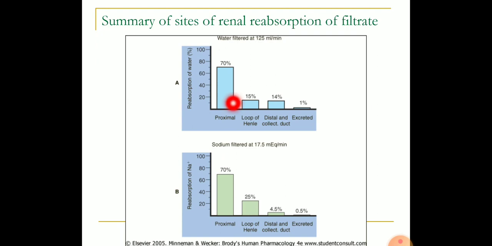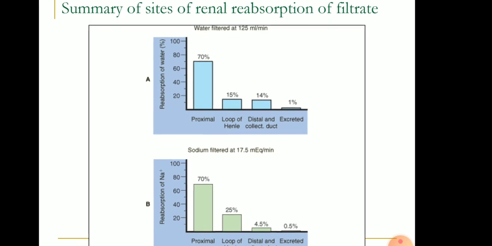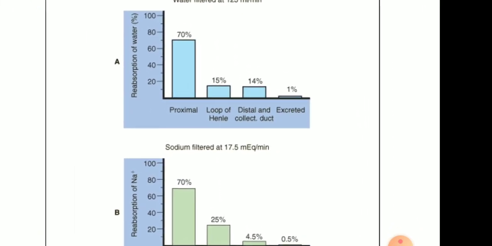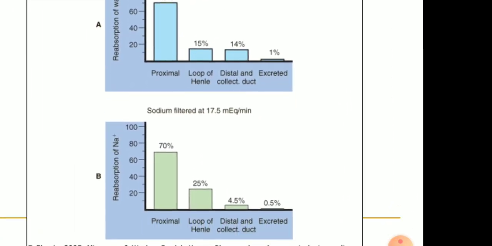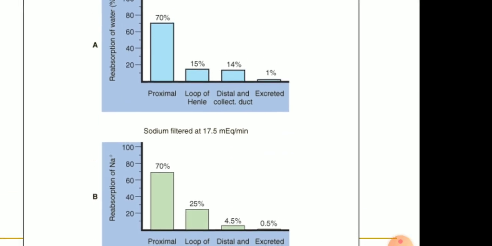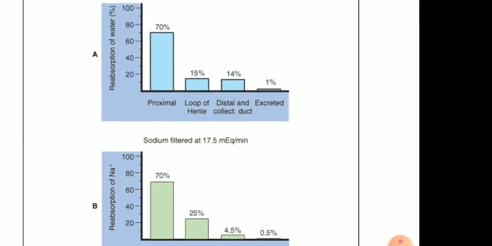So in this picture you will see the kind of renal reabsorption that occurs normally in the physiological system. We can see here that the sodium which is filtered is reabsorbed around 70% in the proximal tubule, and almost 10% in the loop of Henle.